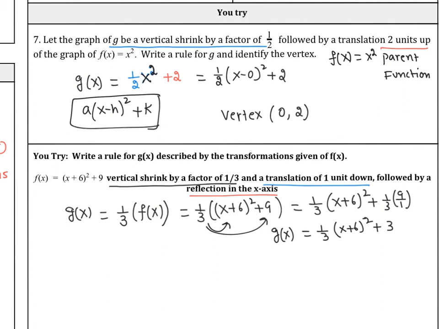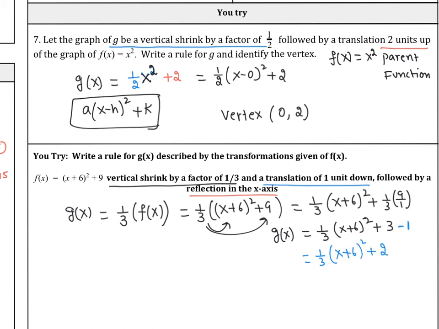Now let's discuss the next step, a translation of 1 unit down. We translate it 1 unit down, so negative 1, and we get 1 over 3 times x plus 6 squared plus 2.